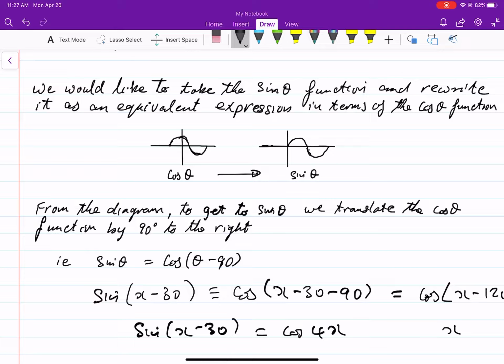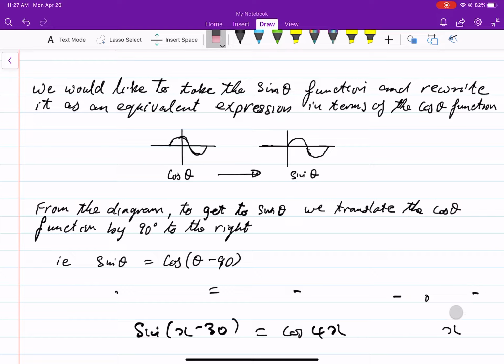So it's written there. Give me a minute. Let me redo this part. So the sine theta expression is formed by taking cos theta and taking cos of (theta minus 90). Remember the transformation, g of x is equal to f of (x minus a) when you translate to the right.